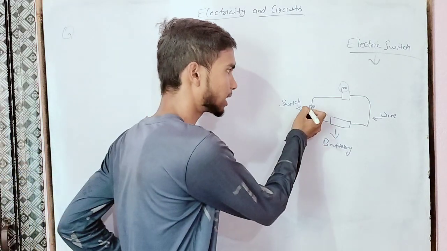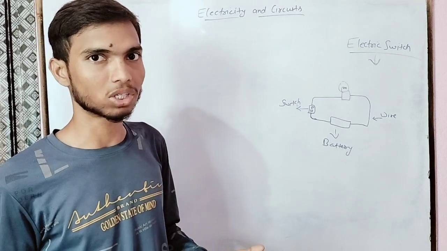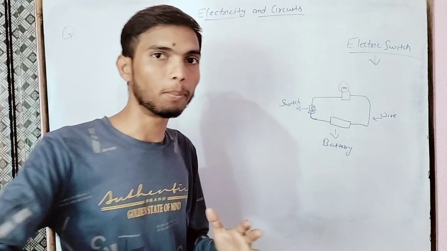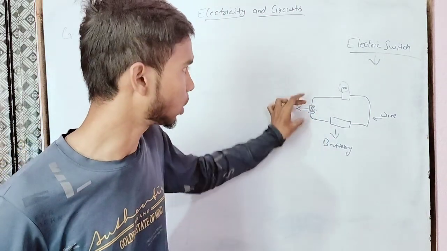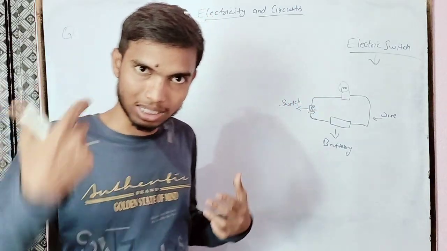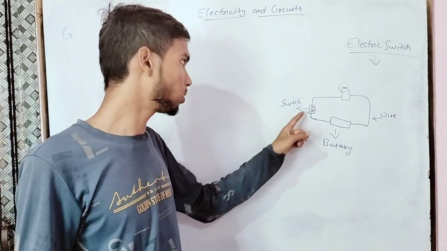Now when we click off side of the electric switch, then inside the electric switch it will break the closed circuit. Who will break?